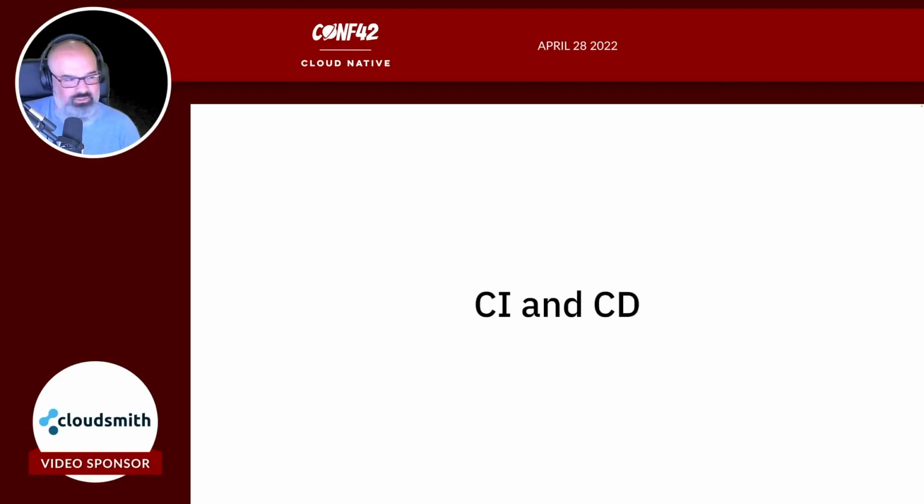CD, on the other hand, which is continuous delivery, as much as people want to say CI and CD in one breath, CD isn't industry standard. Continuous delivery is a rather robust, mature process that you can trust your code to continually get deployed. There are philosophies out there that the main branch should always be deployable.